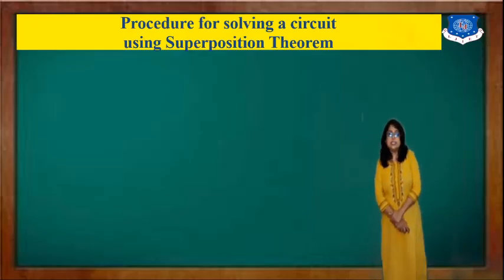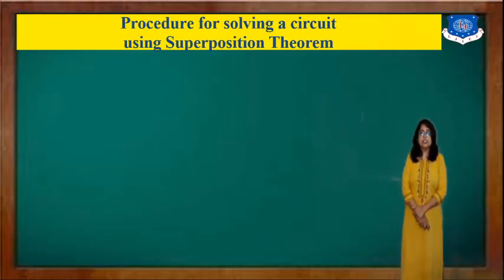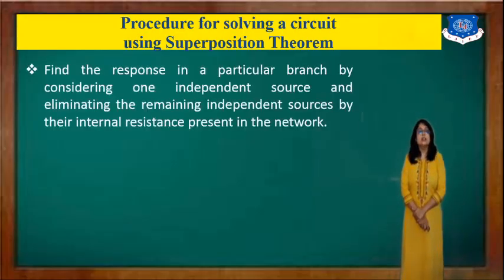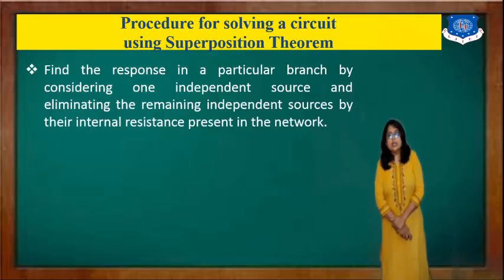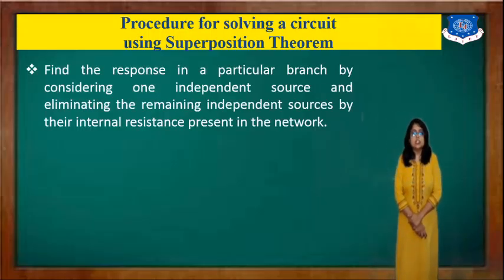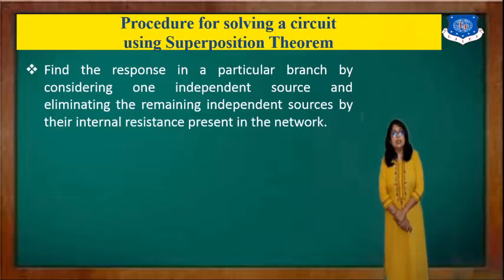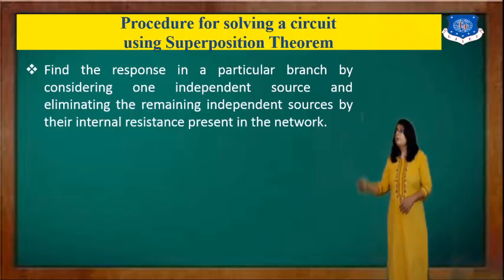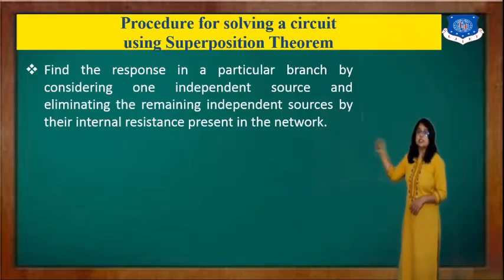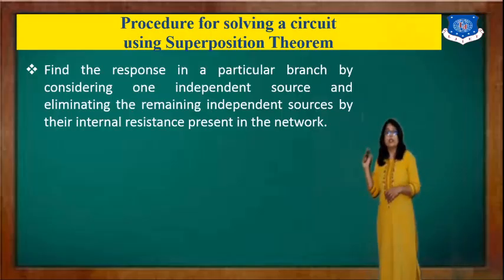Now, what is the procedure to solve any circuit using the superposition theorem? The first step is to find the response in a particular branch by considering one independent source and eliminating the remaining independent sources by their internal resistance. This word is also very important.